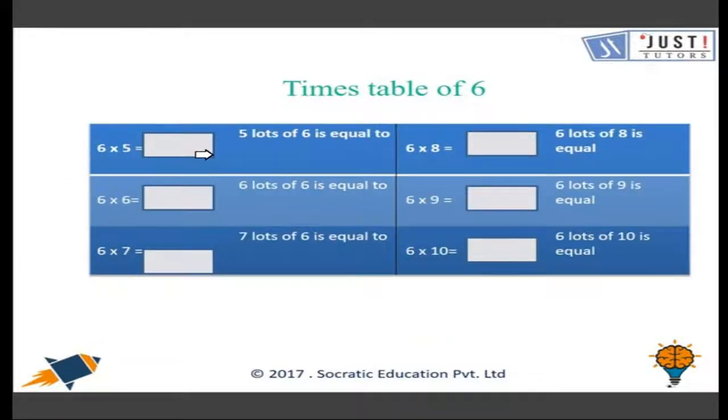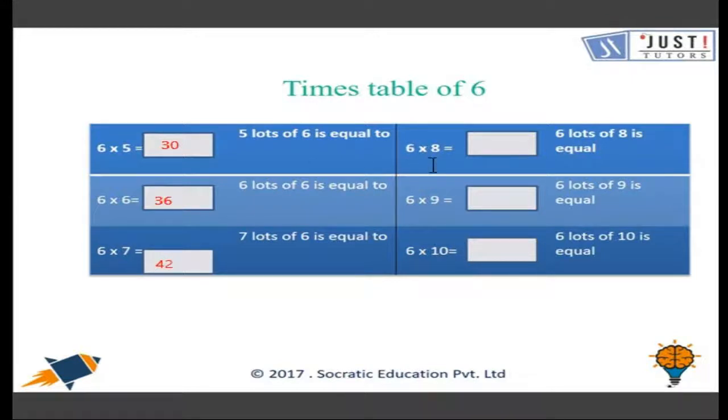6 times 5 or 5 lots of 6 will be 30. Then 6 lots of 6 will have 36 in here. Then 7 lots of 6 will be 42.